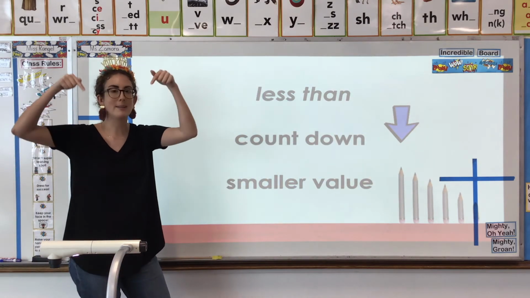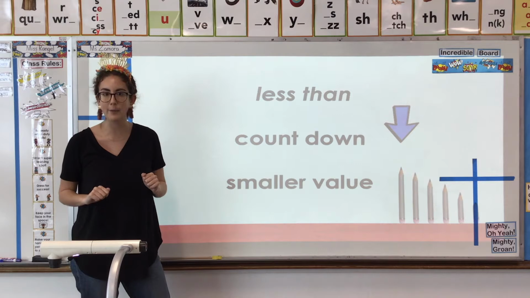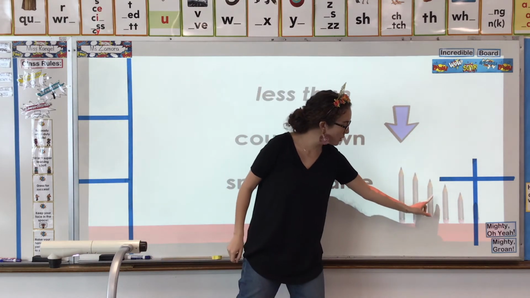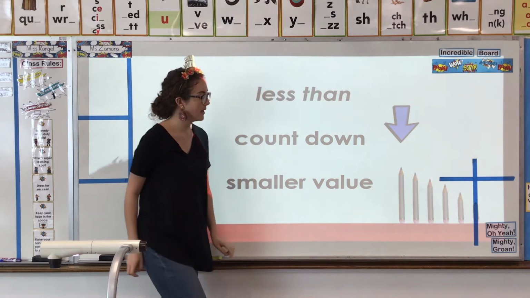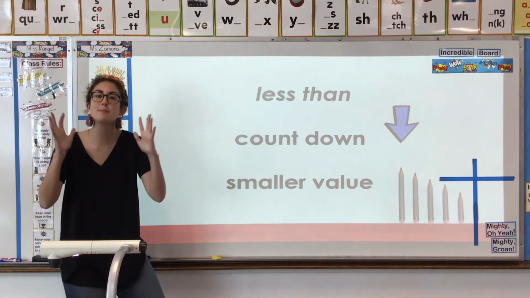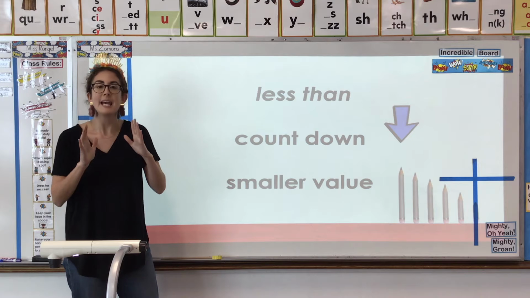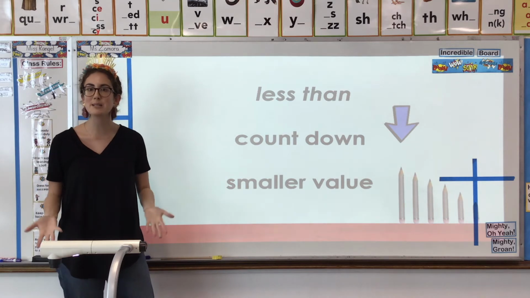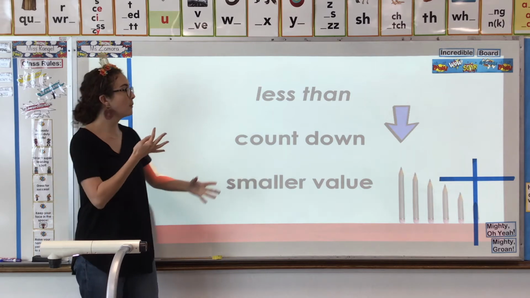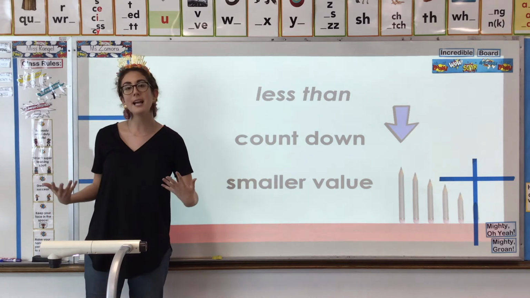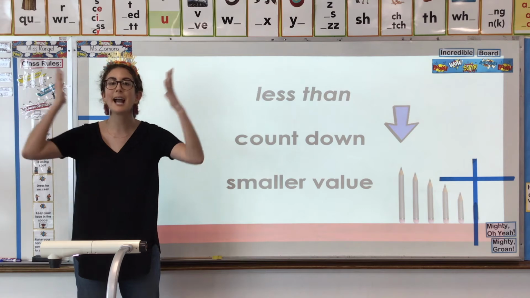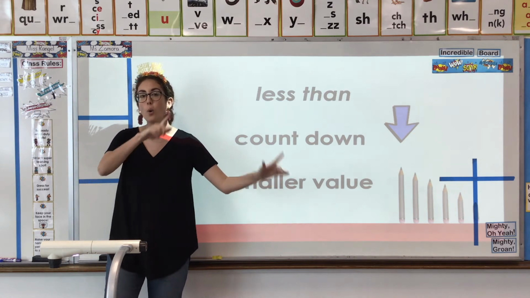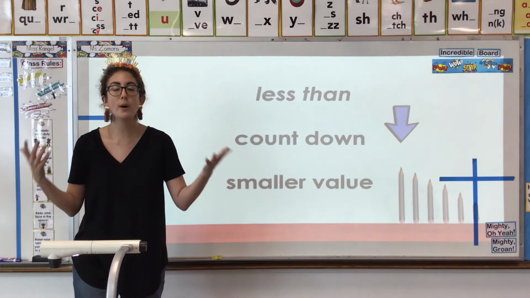Now we're talking about less than, which means going down. And with these pencils, you can see, looking at each one, the pencils are getting smaller in value. Each pencil is less than the other. They're getting smaller. So more than and less than are other ways to talk about bigger and smaller values. So this is just a quick introduction of our new language.